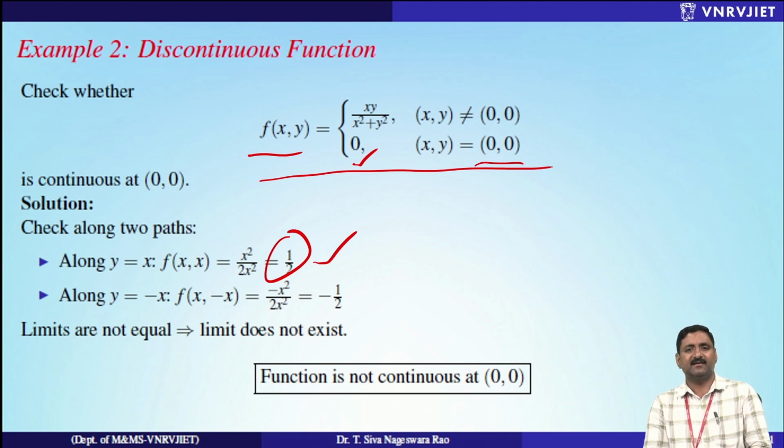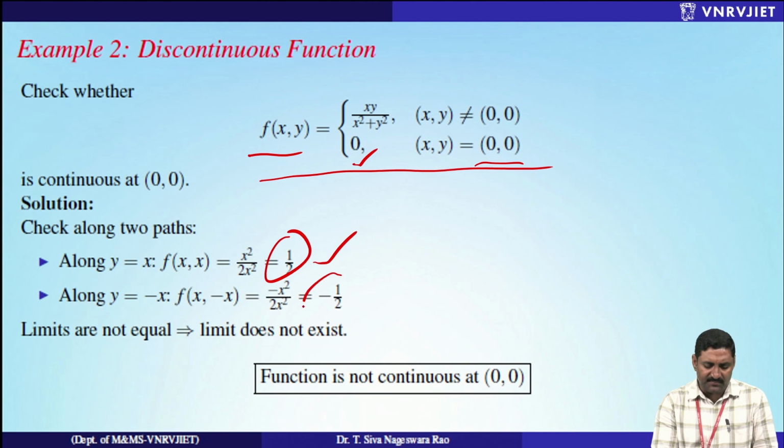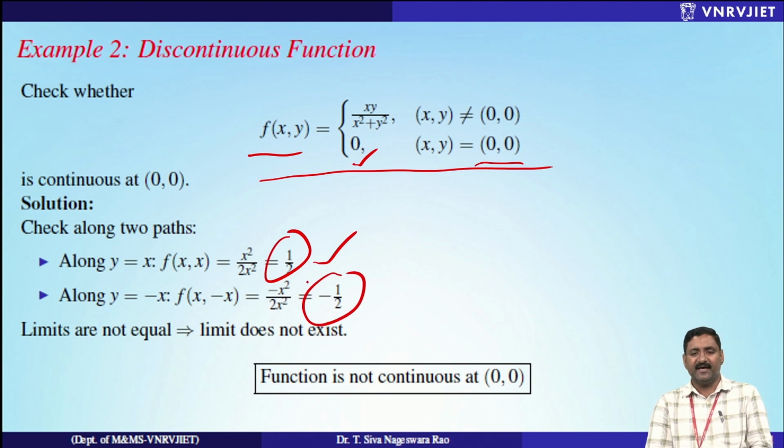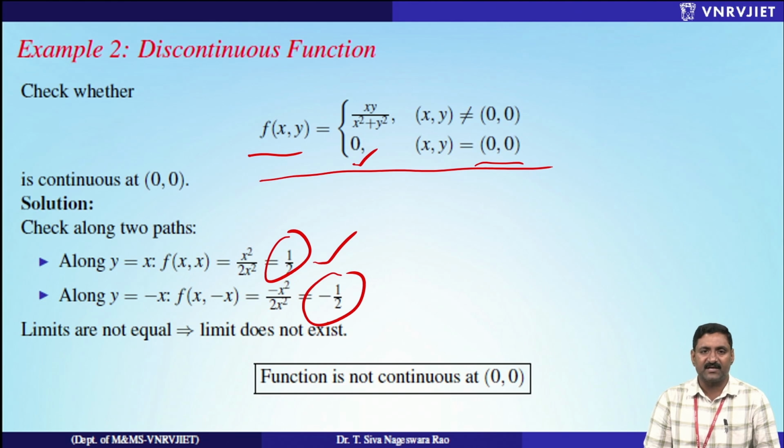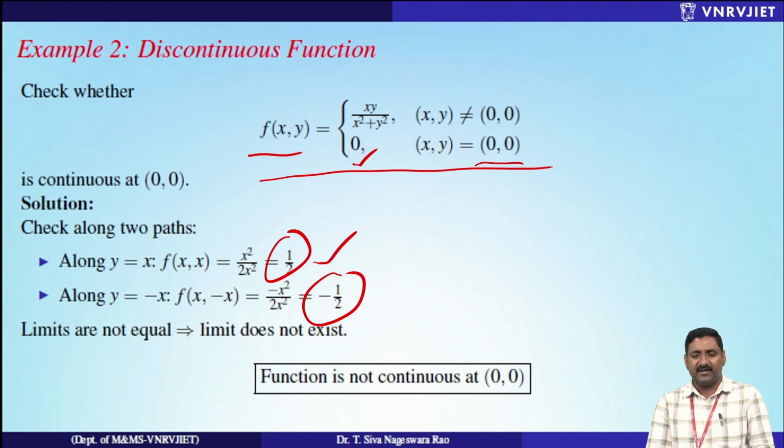I am going to check the limit on both paths as x comma y goes to 0 comma 0. On two different paths, I am getting two limits. Hence the limit varies with respect to m, so the limit does not exist.